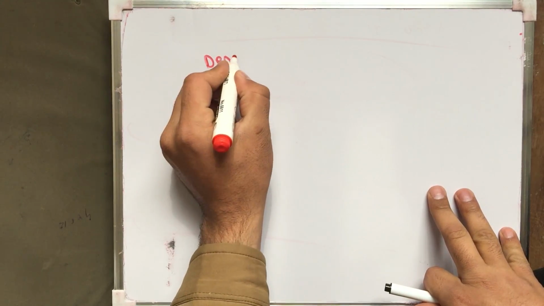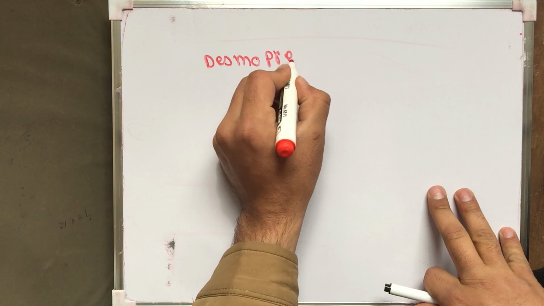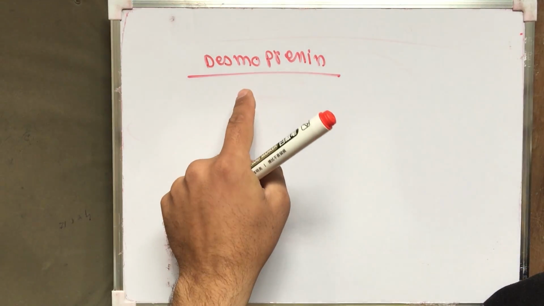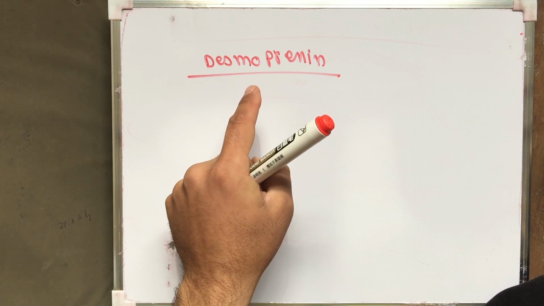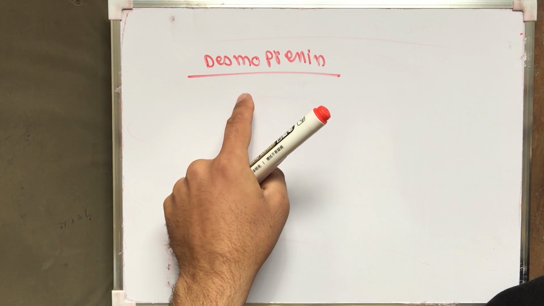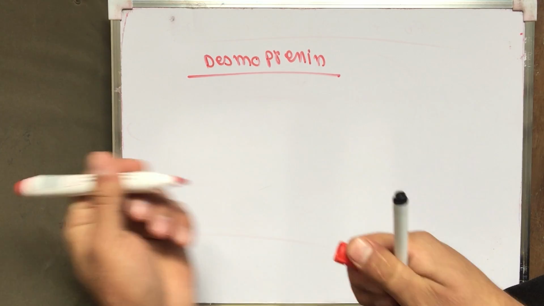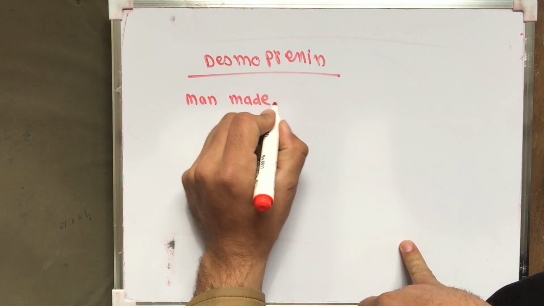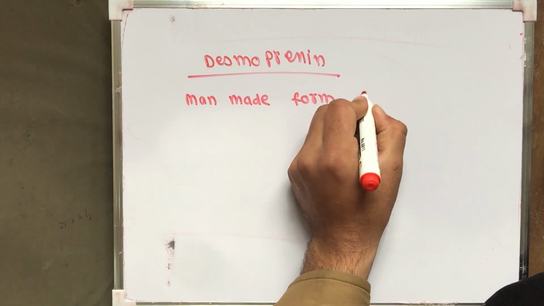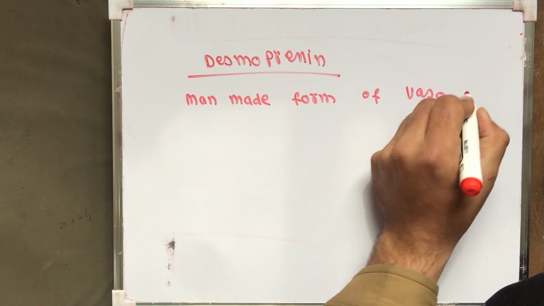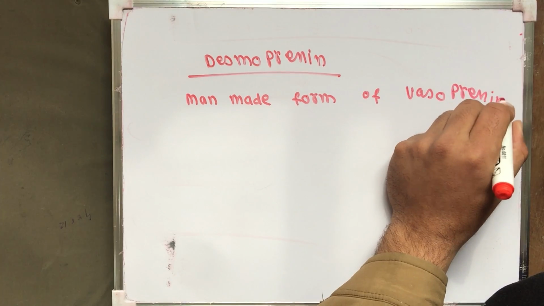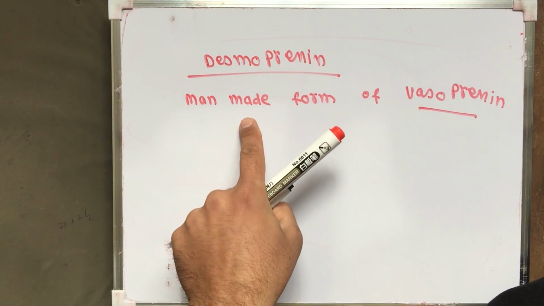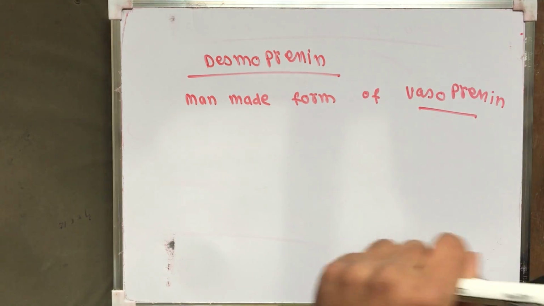What is desmopressin? It is a man-made form of vasopressin.